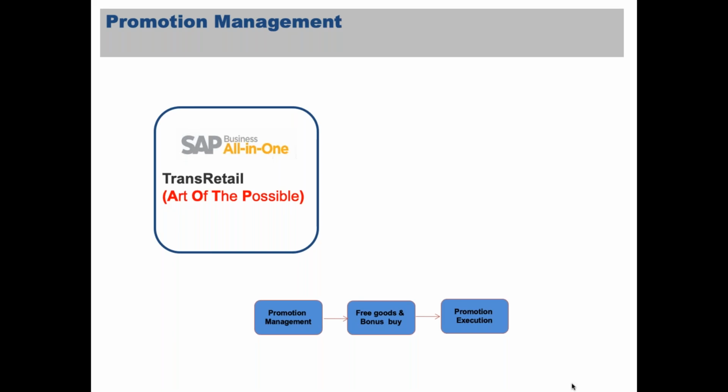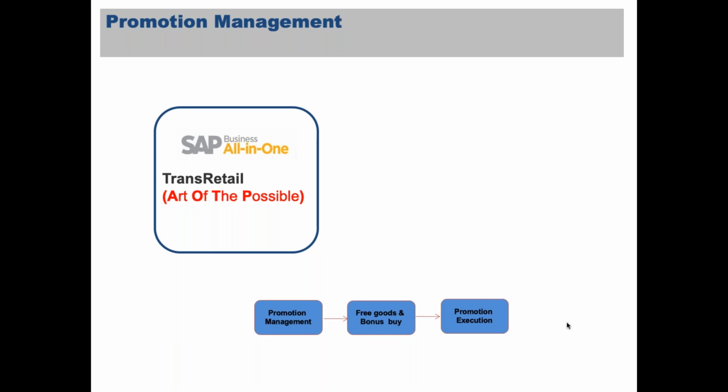When it is an end of season sale, you will just say, buy any men wear, you get 10% discount. Buy any women wear, you get 20% discount. Buy a combination of men wear and one child wear, you get a 30% discount. So many forms of promotions exist in retail which can be handled.